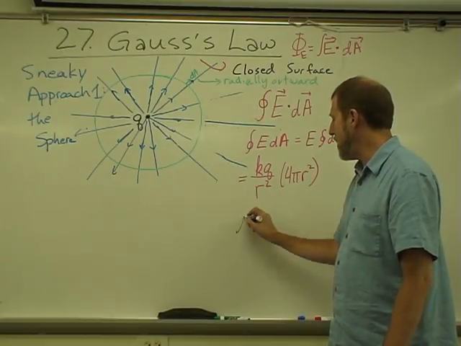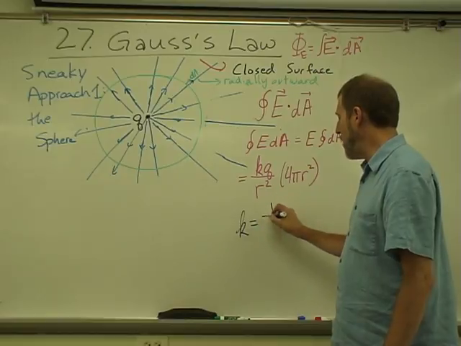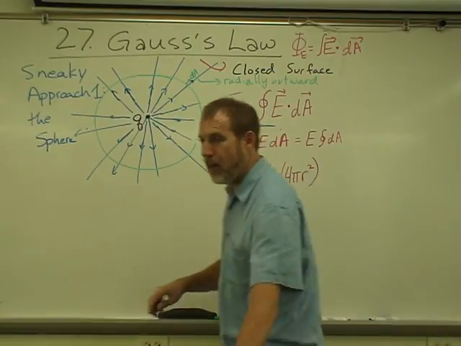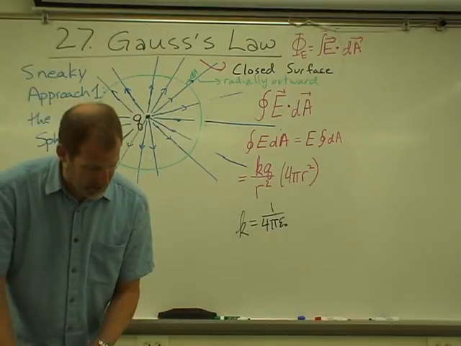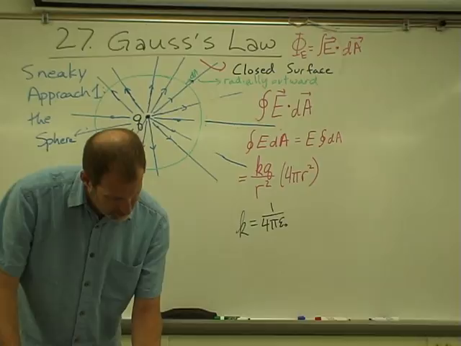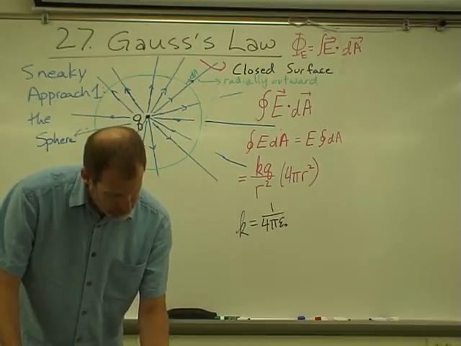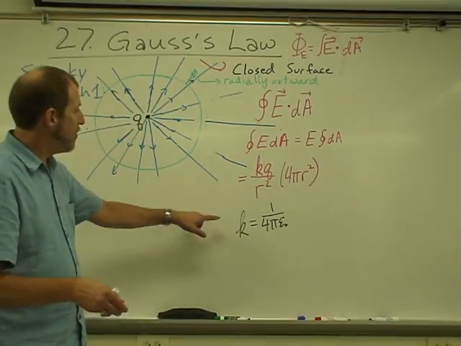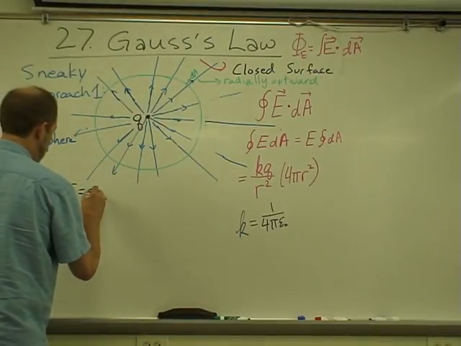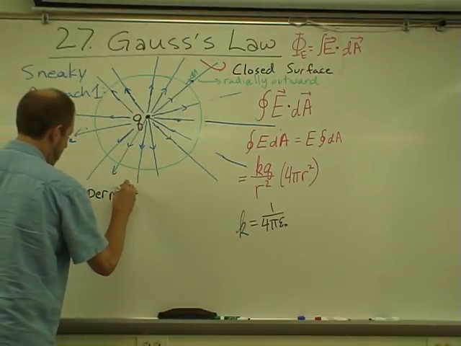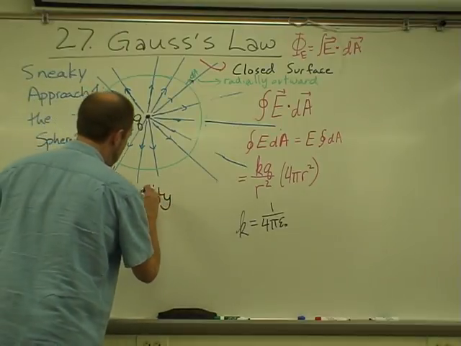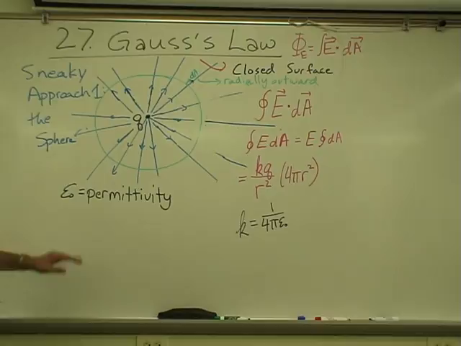So let me write k as being equal to 1 over 4 pi times a different constant. And this constant, epsilon naught, measures the permittivity of space.